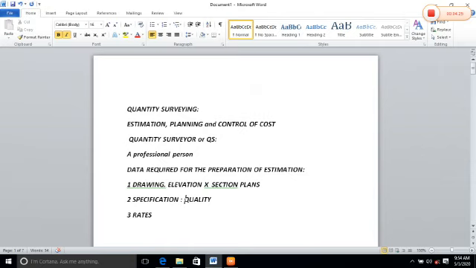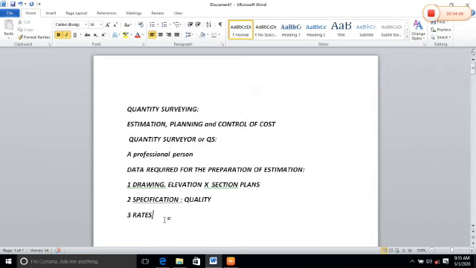Or you can say in drawing, thickness of beam, slab or column, etc. is given, but a ratio of concrete is not given. So all these things are given in specification. I hope you will understand.